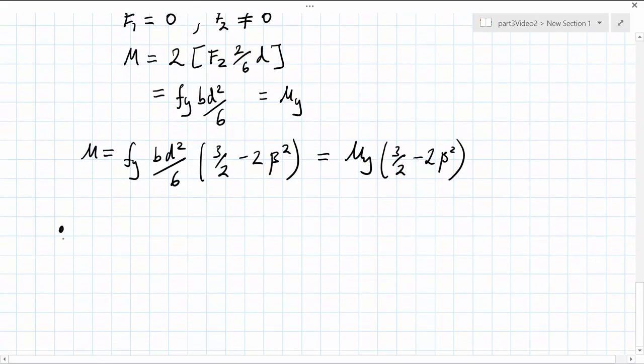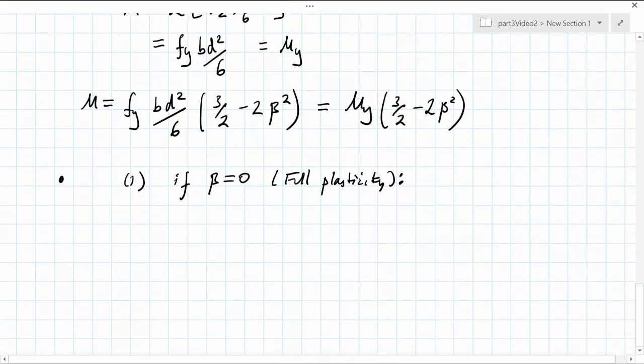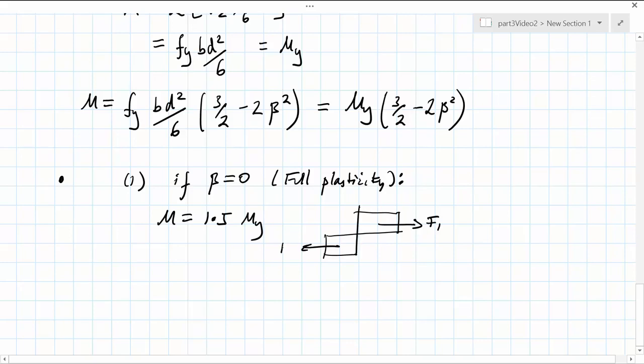So analysing this expression, firstly, if beta is equal to 0, so full plasticity, then our moment is equal to 1.5 times My, and our stress distribution is fully plastic with F1 and F2 acting at the centroid.